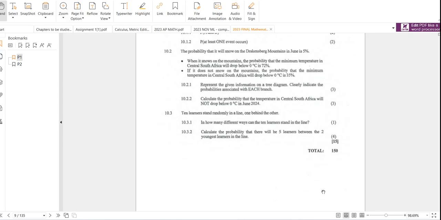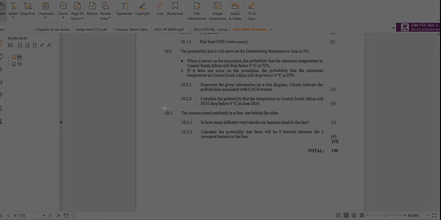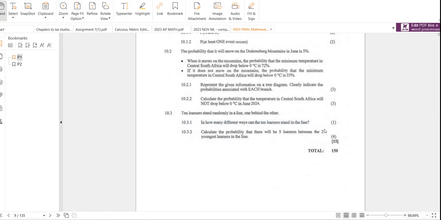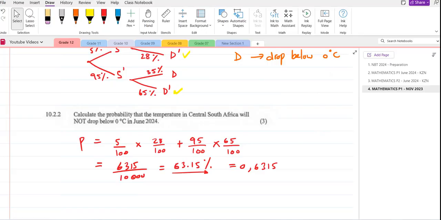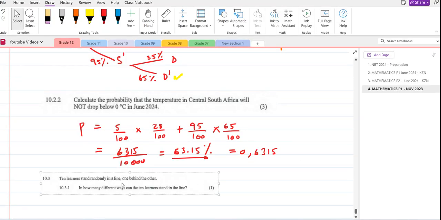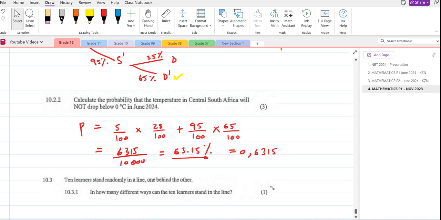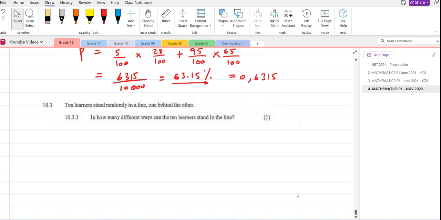10.3. 10 learners stand randomly in a line, one behind the other. In how many different ways can the 10 learners stand in the line? So since you're lining up 10 learners, it's just going to be 10 factorial.